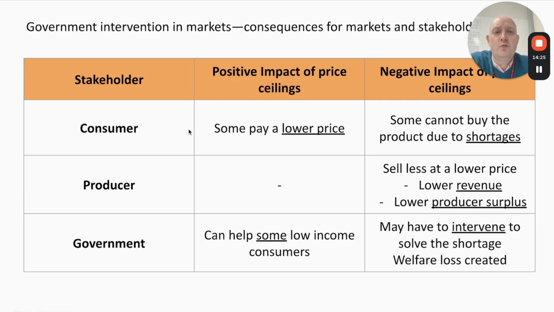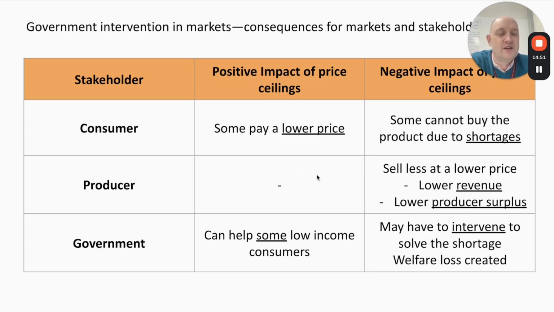So for consumers, one positive is that some of the consumers are able to pay the lower price. The ones that are able to buy and find the product are able to pay a lower price. But the negative is that because of the shortage, some might not be able to find and buy the product, which is obviously bad if it's basic necessities such as food or certain types of food. For producers, there's not really many positive impacts.